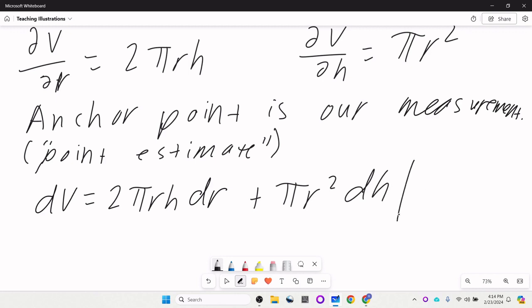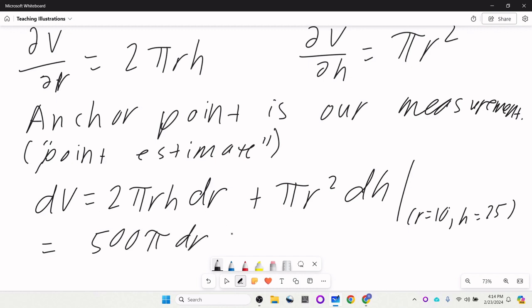And now let's plug in our anchor. We measured r equals 10 and h equals 25. So this would give us 500 pi dr plus 100 pi dh.